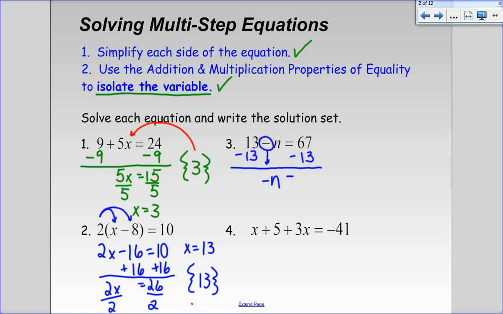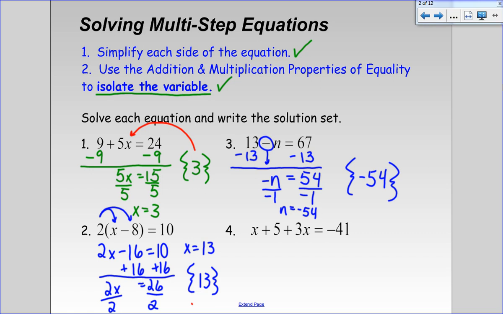So our negative n equals 54. Now we can think of this as a negative 1n, so n is still not isolated. And so in order to isolate n, we need to divide both sides of the equation by negative 1. And that means that n will now equal negative 54, and that's our solution. So we'll put that in our set builder notation.